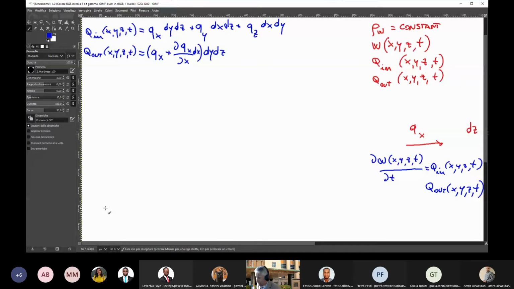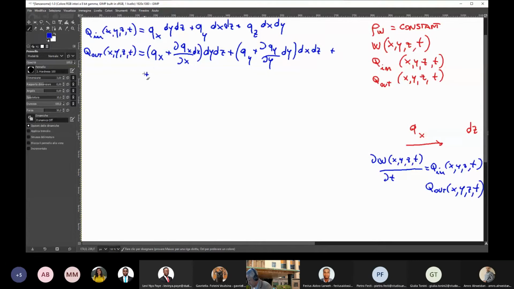And then I have to add the other two components. So plus qy plus the partial derivative of qy with respect to the y direction, the y, the x, the z, plus I have the third component.